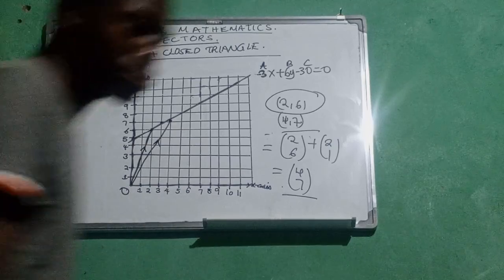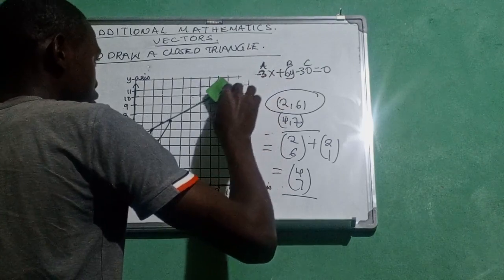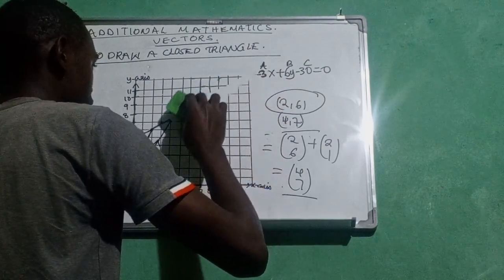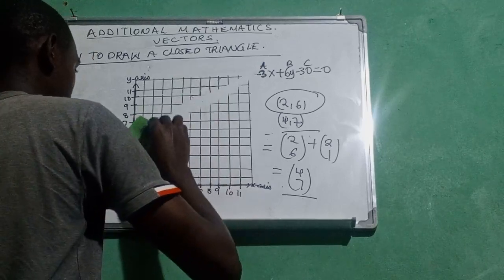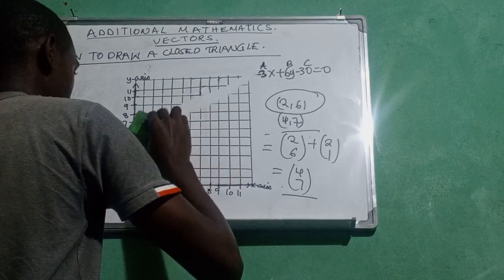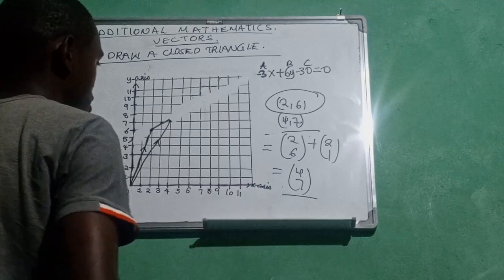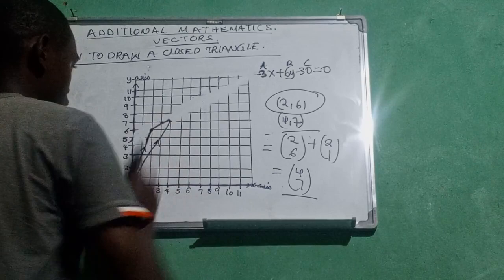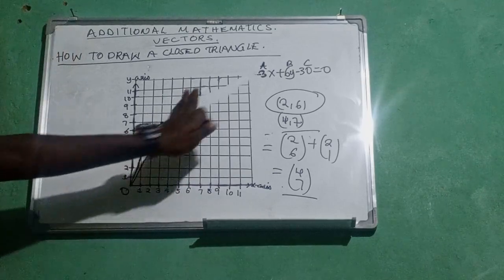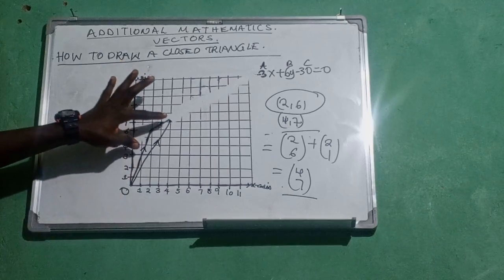Then if you want to make it look more like a triangle, you can shorten your scalar equation. You can do this. It's alright. So ignore this part that I've raised, but if you look at this, it has now become a closed triangle.